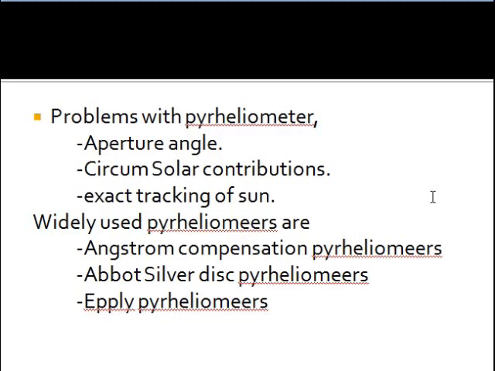We can have a good tracking system which makes sure that the sunlight is exactly aligned with the axis of the collimator tube. And there are three popular pyrheliometers available: the Angstrom compensation pyrheliometer, the silver disc pyrheliometer, and the Eppley pyrheliometer.